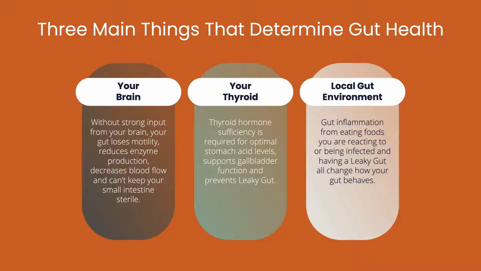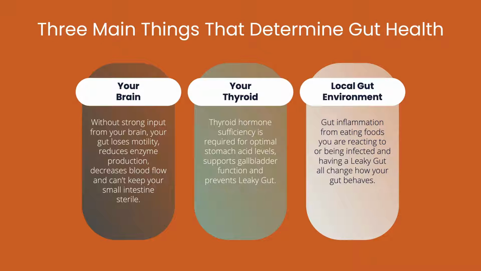And when we don't have that brain-gut axis input, then we lose control of compartmentalizing the small intestine, meaning what's in the large intestine goes up into the small intestine. And this is where we get infection in the small intestine. If you remember back when we did the overview of the brain-gut axis, most of the bacteria in your gut should be way down the line at the end of your large intestine.